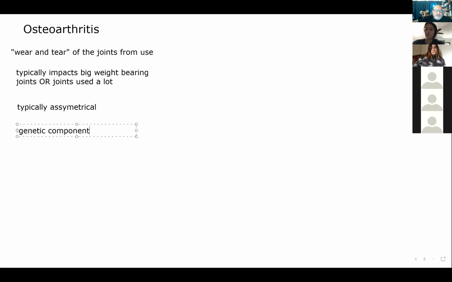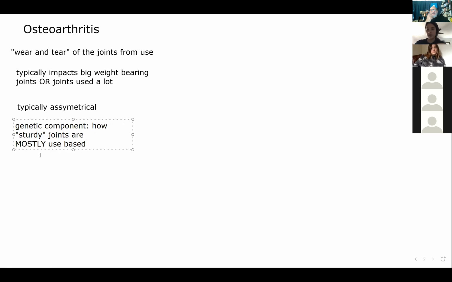Again, it all goes down to how, I don't know the right word, we'll say sturdy for lack of a better word, in quotes. The joints are resilient, might be a better term. But there can be a genetic component to it, but it's mostly use-based, right? So it's not like once you get it in one area, you're bound to get it in others. No, and that's also a perfectly good example.